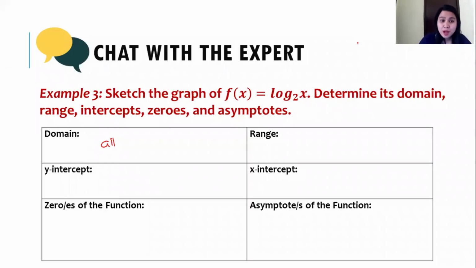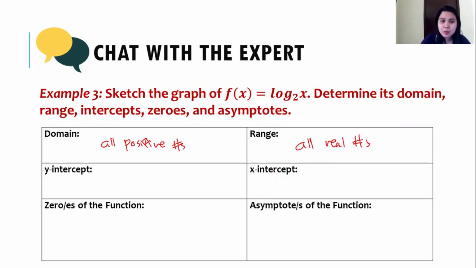Okay, so our domain will be all positive numbers. How about the range? What will be the range? In your chat box, please, can you tell me what's the range? Very good. The range will be all real numbers.